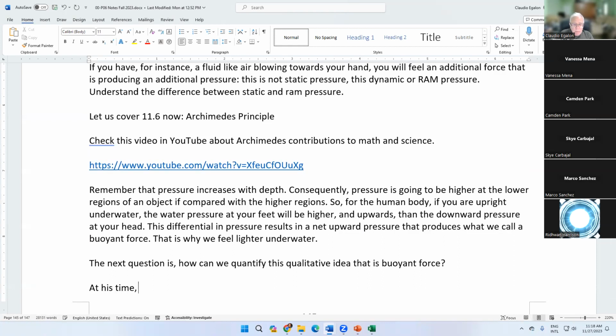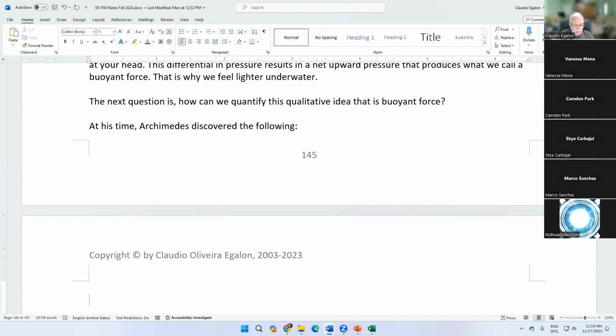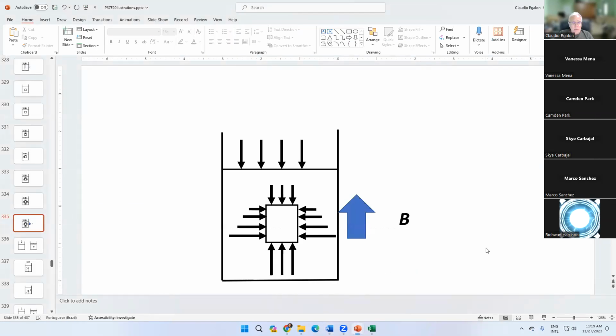At this time, Archimedes discovered the following. He was reasoning, right? He was trying to make sense of this phenomenon of buoyant force. He was trying to quantify this phenomenon of buoyant force. So he started to do actual experiments, okay? Even the experiment that he did in his own bathtub. We all know that when we go into the water in the bathtub, the level of the water rises, right?